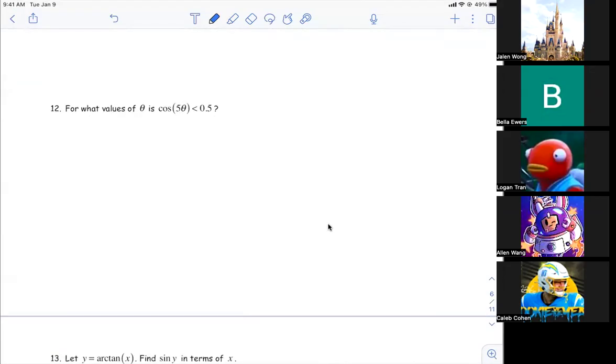If we were solving cosine of 5 theta equals 0.5, or a half, the first thing I would do is think about cosine of x equals a half. Usually we do a substitution and find what the angle was if it was singular, and then we would divide by 5 at the end.